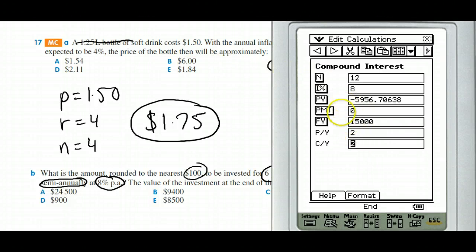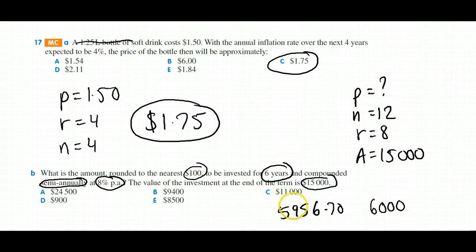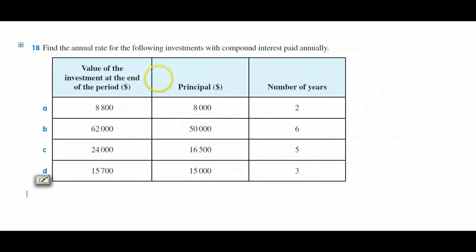Then we can calculate the initial amount, and it must have been 9,368. That was what we must have had at the beginning. To the nearest 100, it's going to be 9,400. So 9,400 is what we must have had at the beginning, which is answer B.